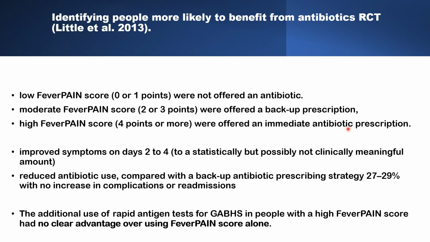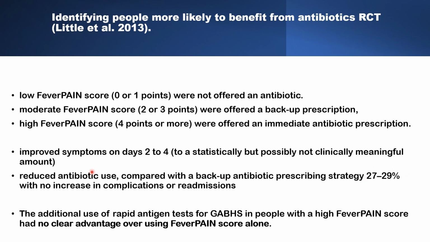And the results showed that there was some improvement in the symptoms, statistically improvement, perhaps not clinically significant, but it was statistically significant. And there was also reduced antibiotic use using this strategy. About 27 to 29% less antibiotics were used.